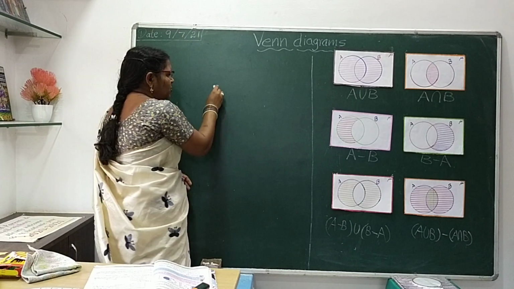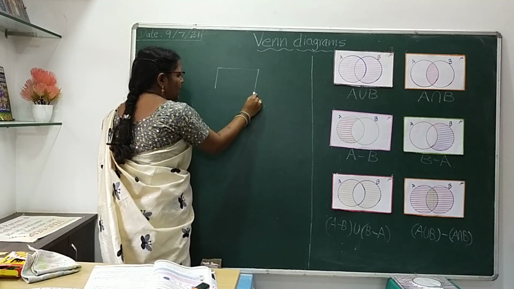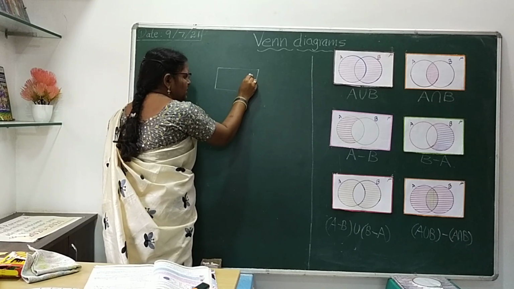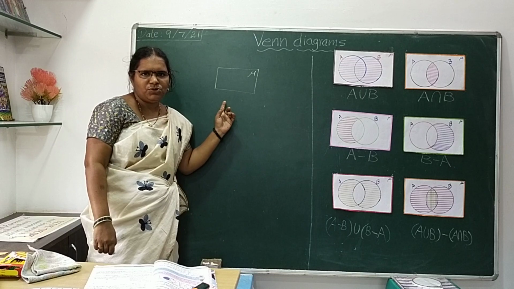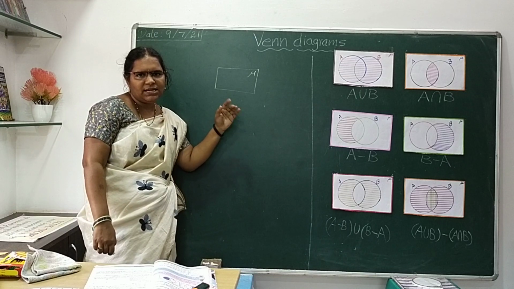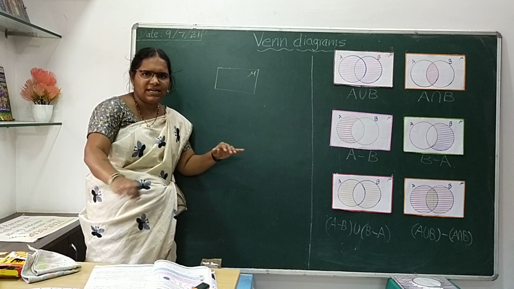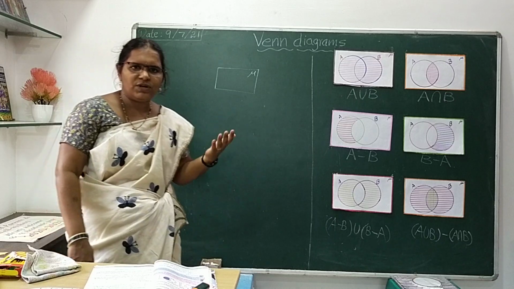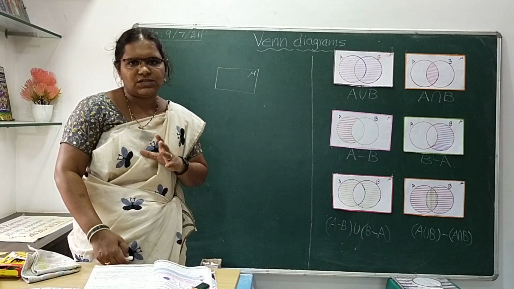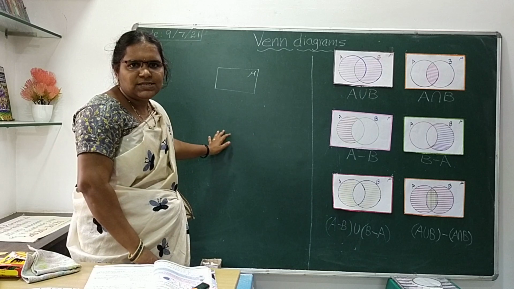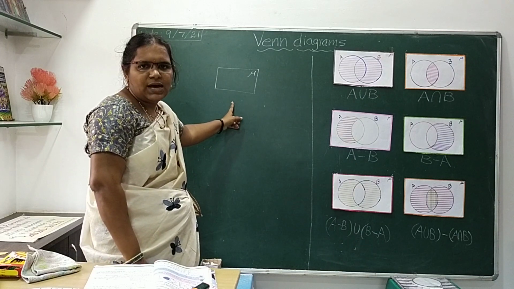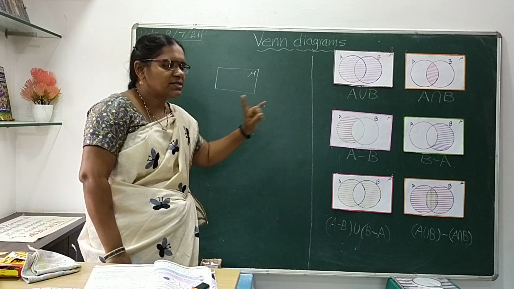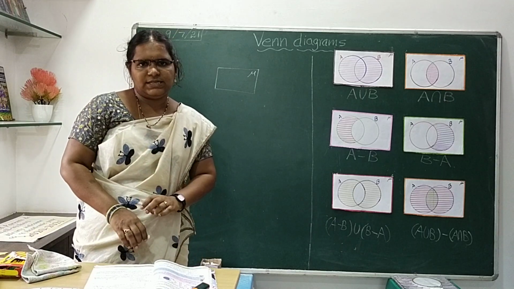The universal set, denoted by mu, is generally denoted by a rectangle, and sets are denoted by circles generally. We can denote them by triangles, ovals, any other closed shapes also. But especially these two shapes are taken: mu as a rectangle and circles for sets.